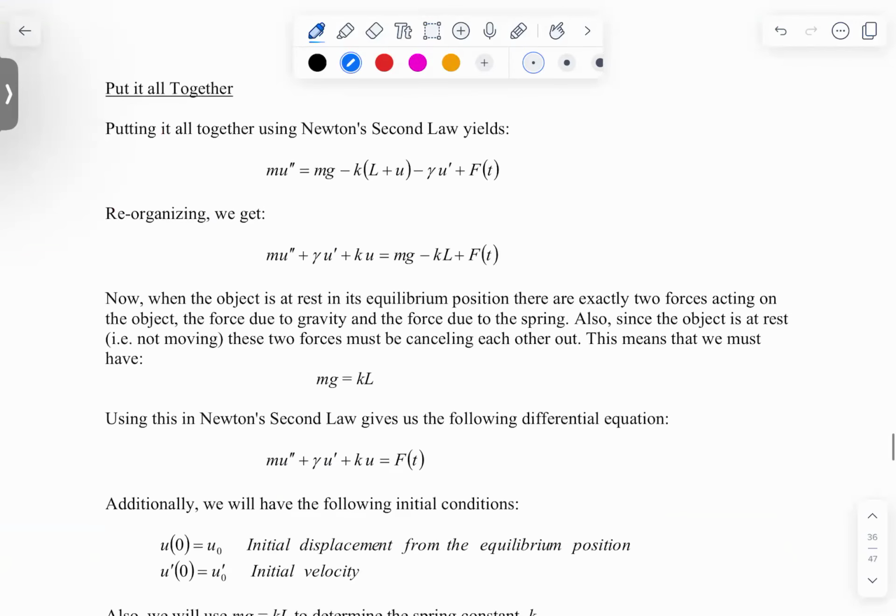So when we put all those together, here's what our equation becomes. Second derivative of position, gravity, the spring, the damping, and the forcing function. We can then rewrite that to get our second order differential equation on the left side, and then a bunch of constants and a function on the right side.